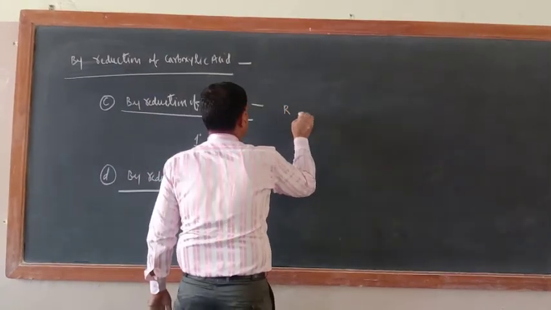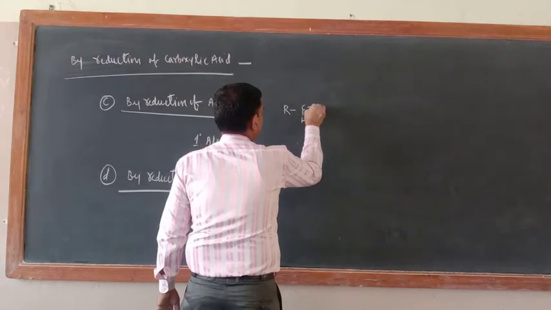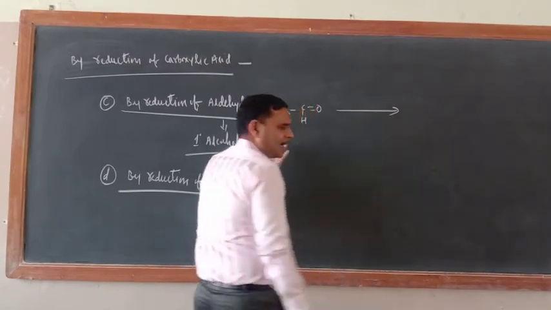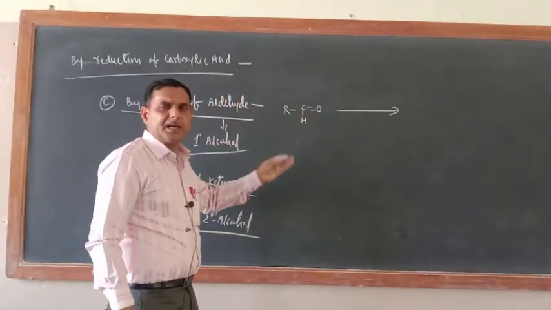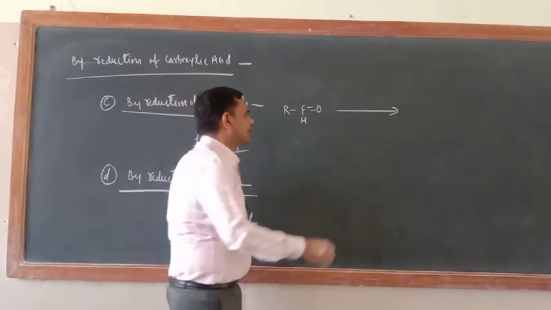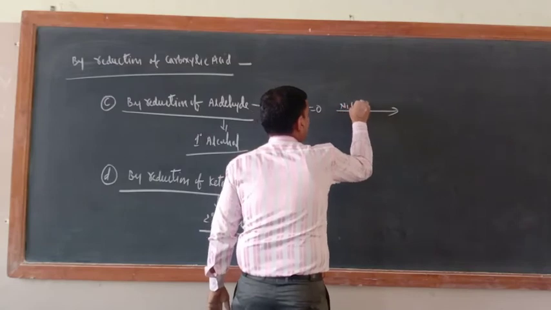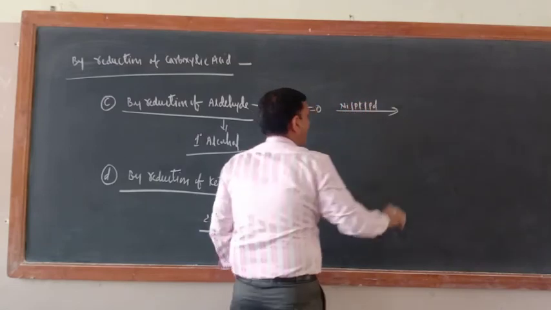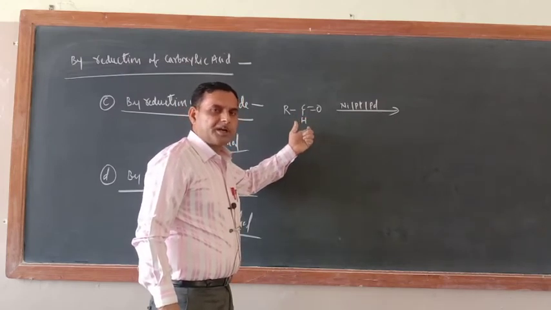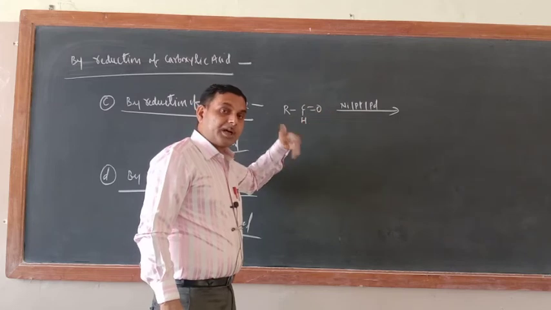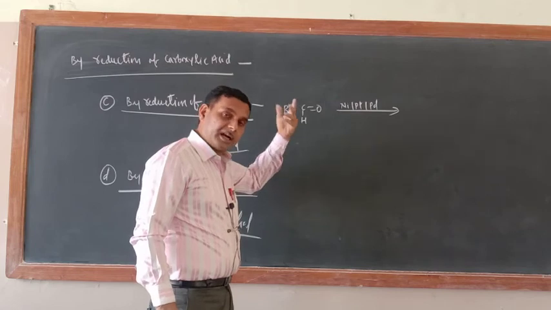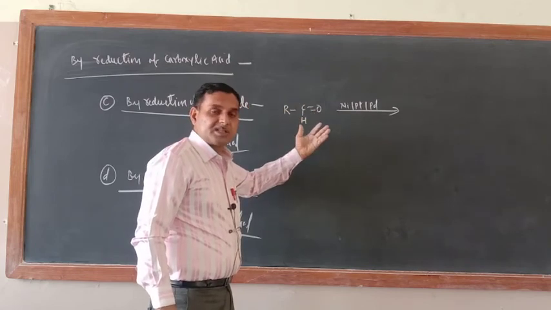So just see, in 1 degree how? This is RCH double bond O, aldehyde. Now here hydrogenated, just see, aldehyde very easily gets reduced into alcohol. So as the hydrogenating agent you take here nickel, Pt or Pd. So if aldehyde can be reduced in presence of them, it can be reduced in presence of sodium borohydride, lithium aluminium hydride and sodium C2H5OH.